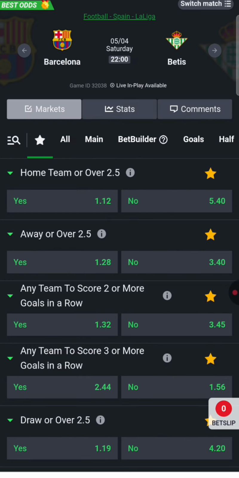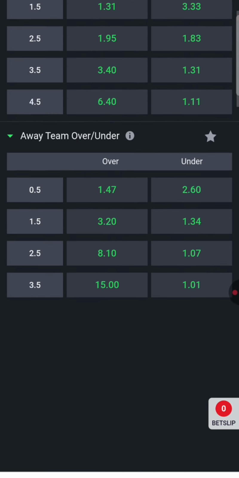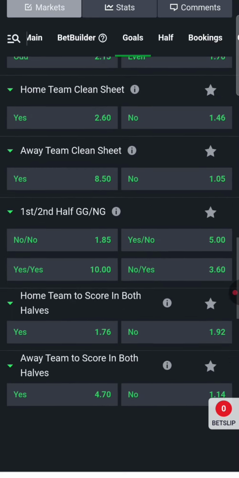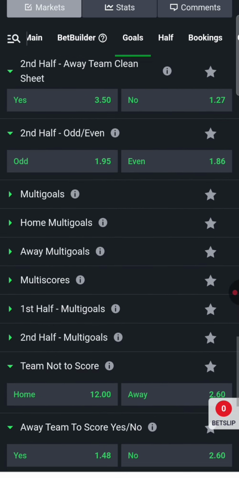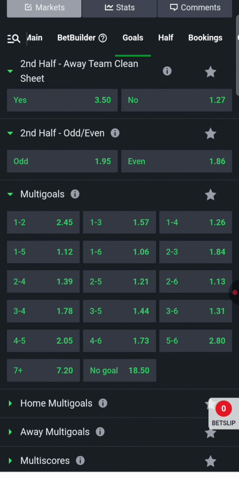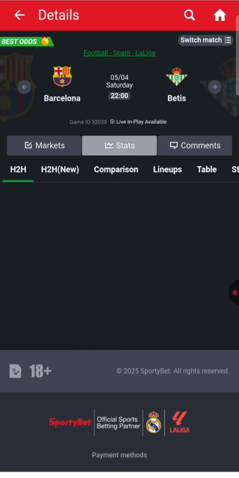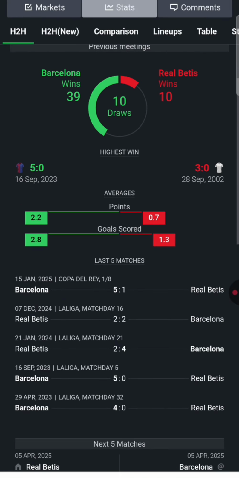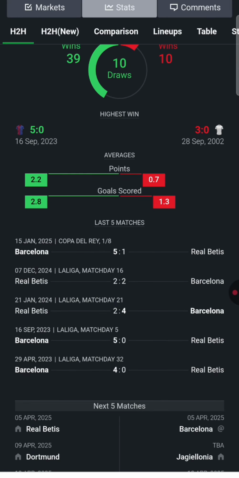If you go to Barcelona, for example, and you check the H2H, you find out that in the last game Barcelona beat them 5-1, so 6 goals scored, and that is 1 to 6, 2-2.